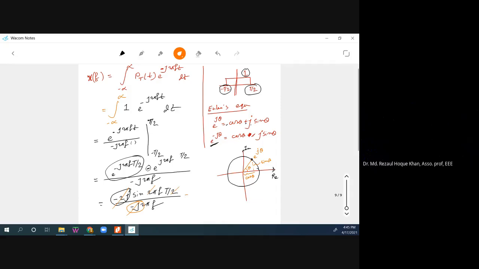What we have is sine pi f t by pi f. To make it similar, pi f t by pi f, we have pi f t, because we multiplied by t, so we will have another t so they can be balanced. So you see, what is that? Sine x by x function, which is actually the sinc function.